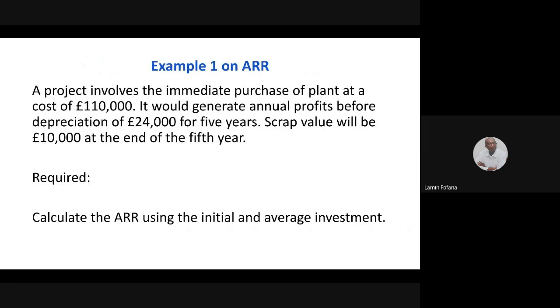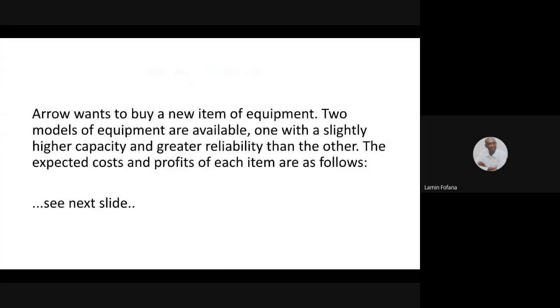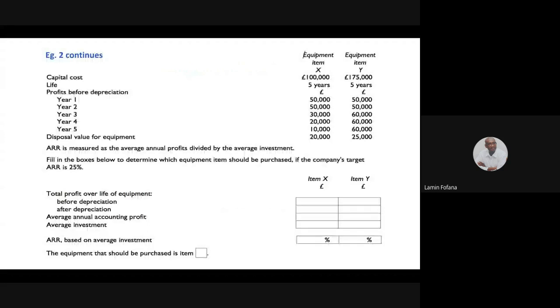So we have this question. A project involves the immediate purchase of a plant costing 110. It will generate annual profits before depreciation of 24,000 for 5 years. Scrap value will be 10,000 at the end of the year. This is a simple one, so we are going to do a more complicated one.